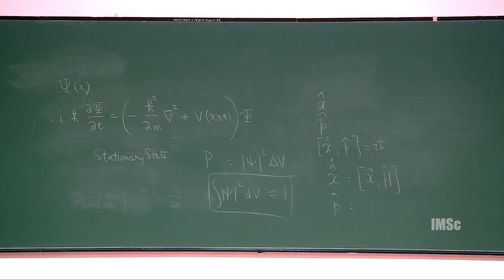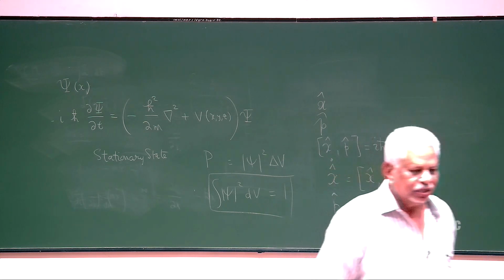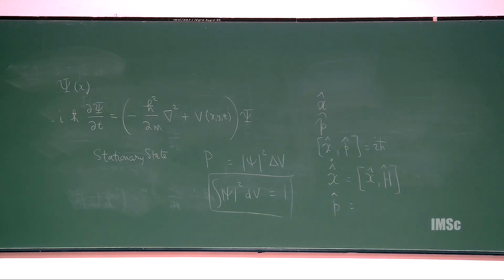Now, in all these things hereafter, the value of h bar is not playing any role, except that it is a number we need. Unfortunately, in our levels of physics, as long as it is not 0 but a constant value, we will associate the number 1. For me, h bar is equal to 1.